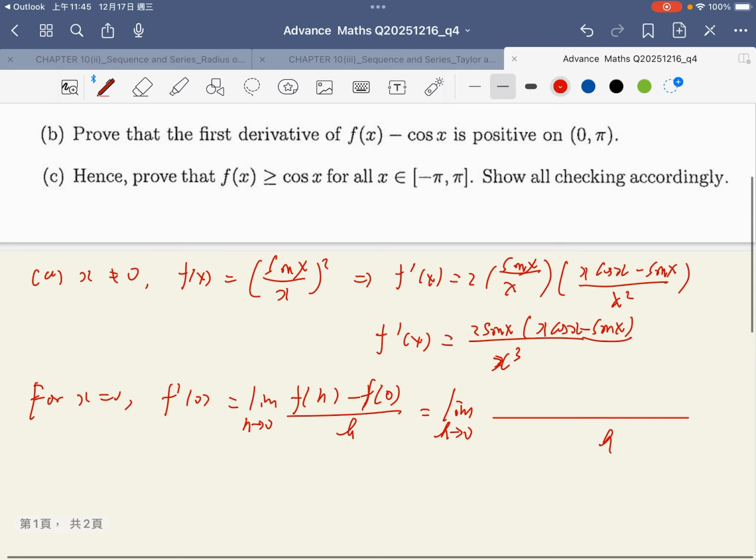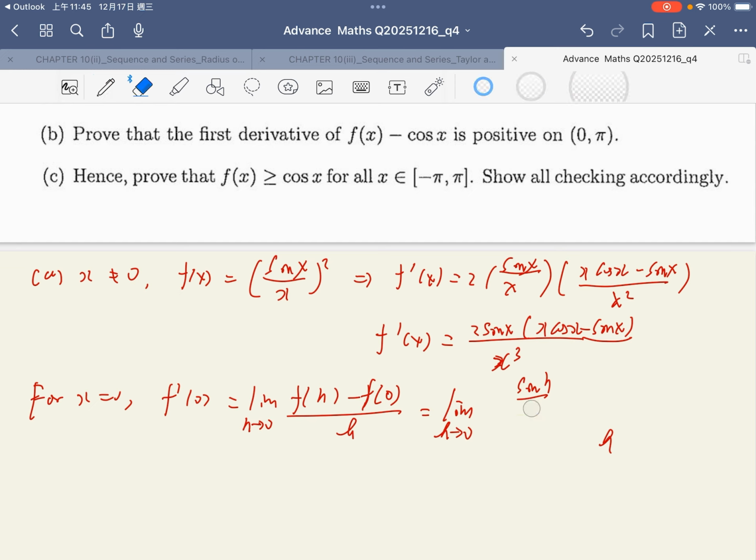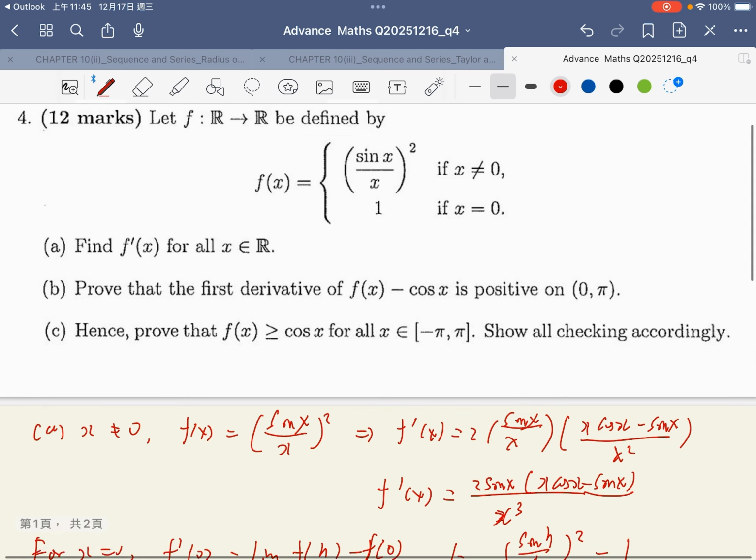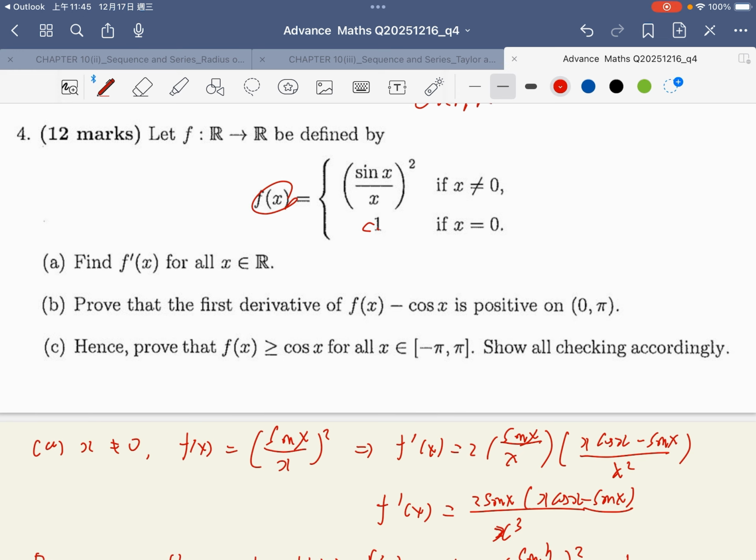This is (sin h over h) all squared minus 1, because f(0) is equal to 1.